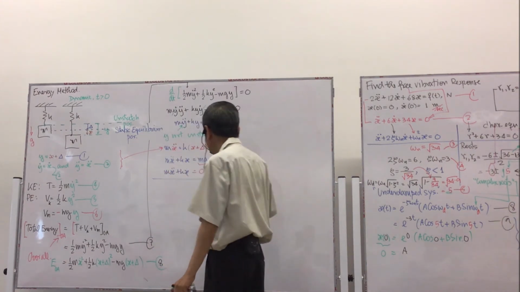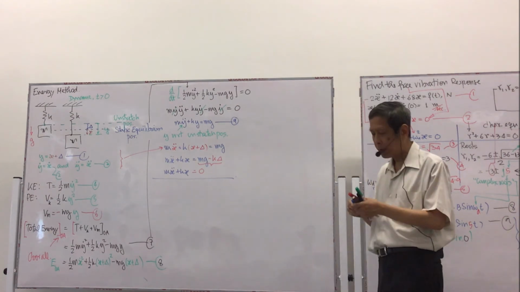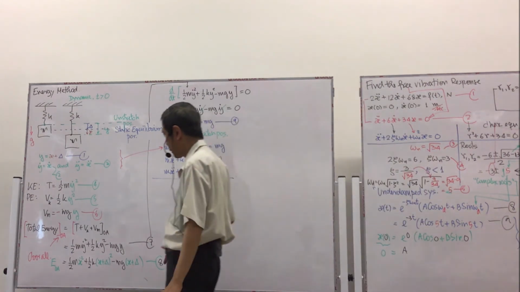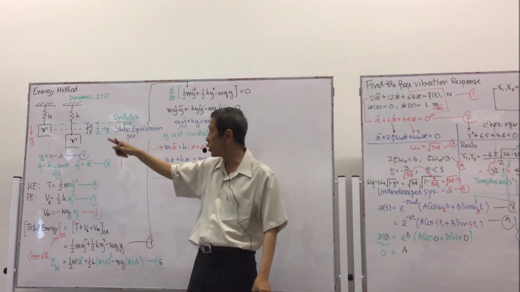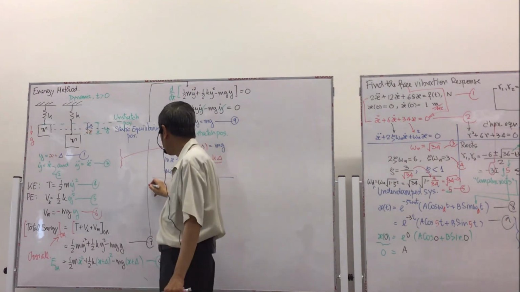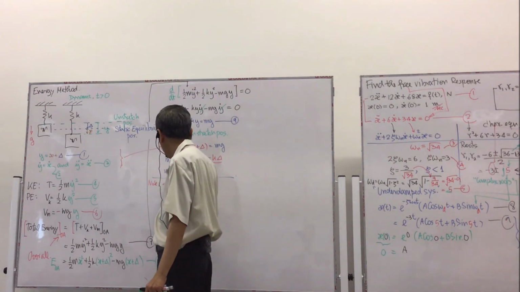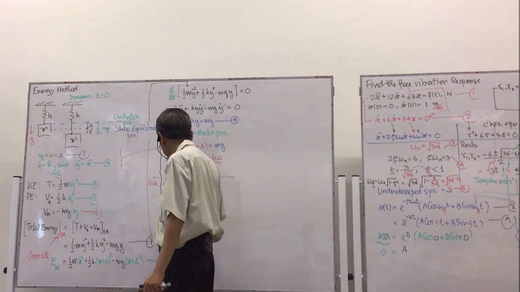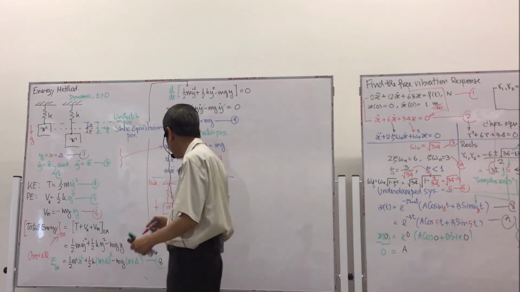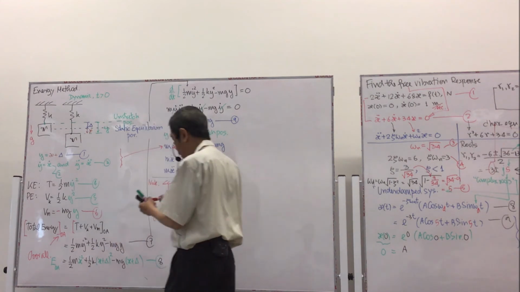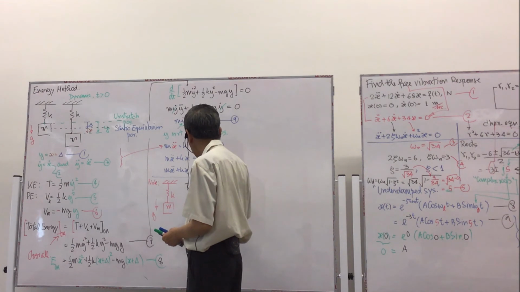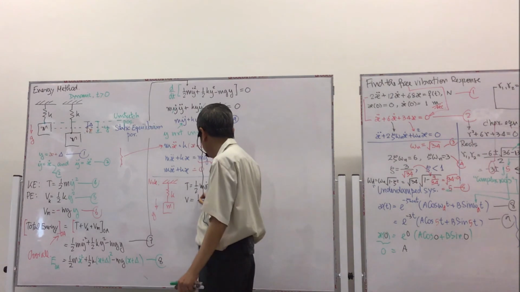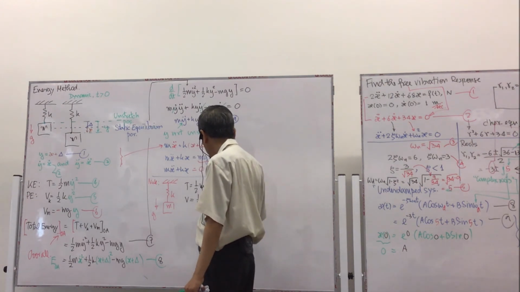So the point is the same: instead of finding the energy from a space position which includes static deflection, in vibration analysis, when we have a system in gravity, the kinetic energy T you can just set as 1/2 m x dot squared, and the potential energy just 1/2 k x squared.